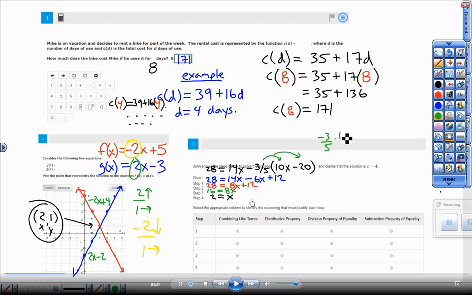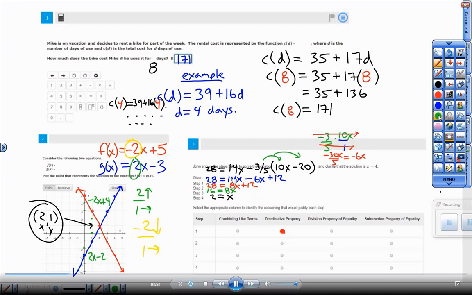But I clearly see my first step, I'm distributing -3/5 times 10x. That when I go straight across gives me -30x over 5, which is -6x. Or I could have got that by cross canceling 5 and 10 to make that 2, and then 2 times -3. But either way, that is the distributive property.